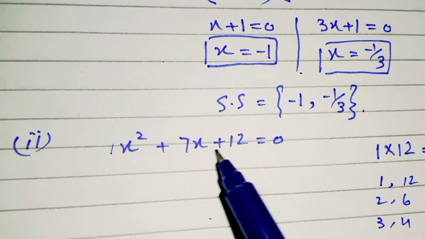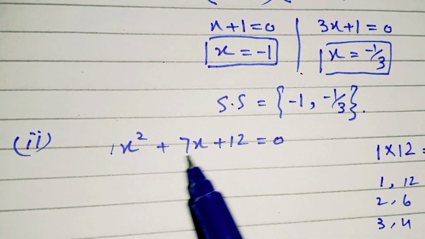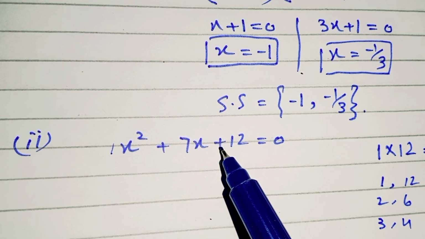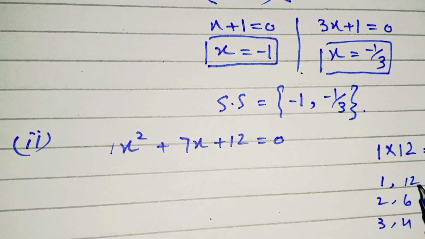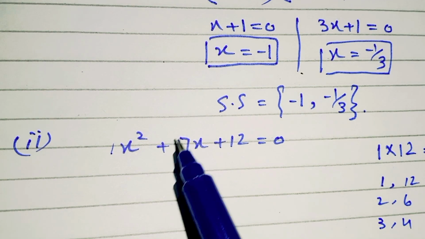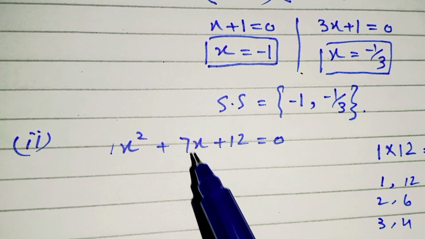Due to this positive sign, we choose from these factors a pair whose sum is equal to 7. Here 3 and 4 are the factors of 12 and their sum is 7.